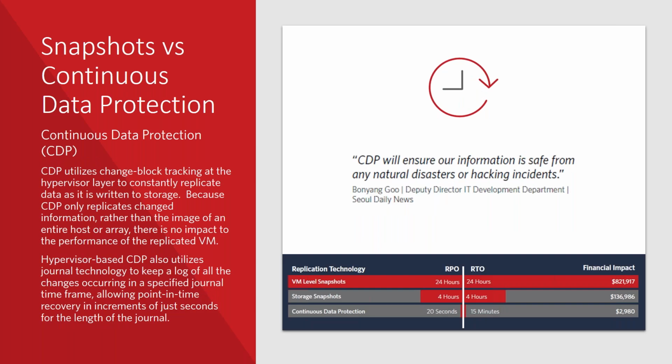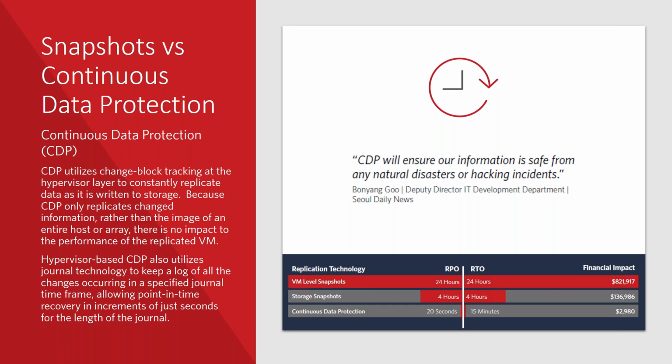Continuous data protection, again, that's using change block tracking. That hypervisor-based replication is looking at everything happening in that I/O stream, everything going down from the virtual machine to the storage through that hypervisor layer, intercepting everything and just reading it, acknowledging what's changing, and taking a look at where that lives on the storage.